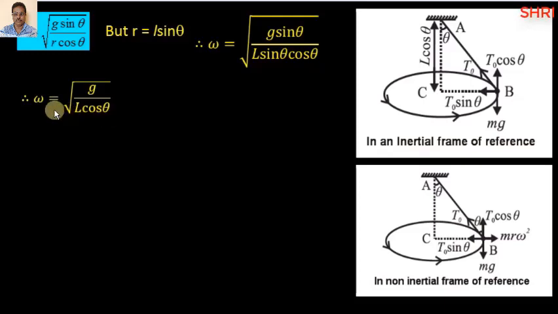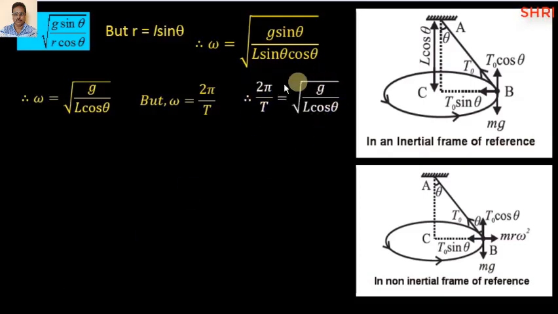From this we have to obtain the expression for the period of the conical pendulum. We know the relation between angular velocity and period: omega equal to 2 pi upon T. Keep this value of omega in this equation and we get the next step. From this we can easily obtain the expression for period.